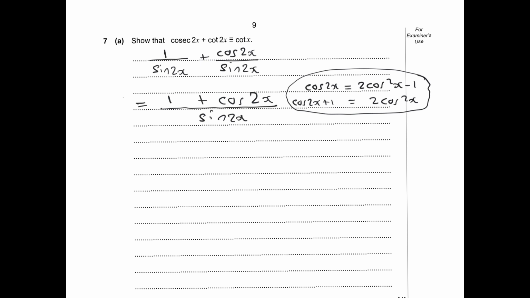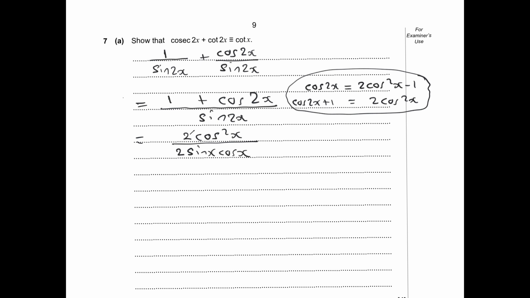All right. So what then are we going to have? On the numerator, instead of writing 1 plus cos 2x, that is going to become 2 cos squared x over sine 2x. This sine 2x here, remember, it is what? 2 sine x cos x, the double angle.